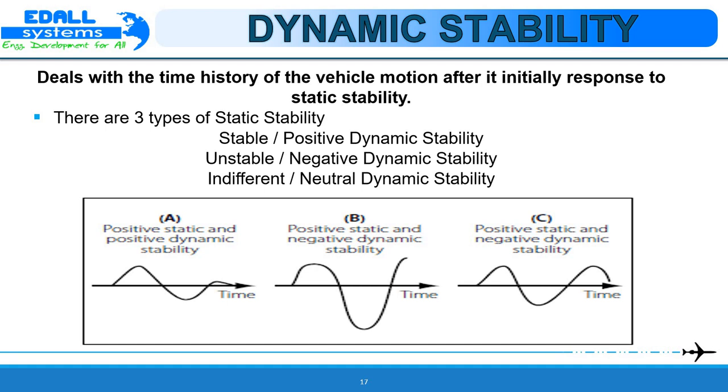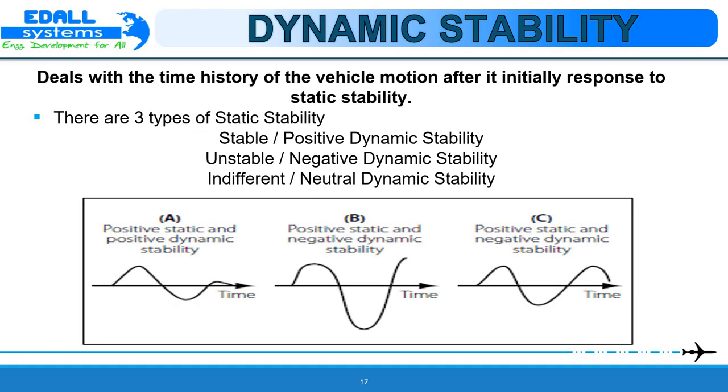Dynamic stability is how an airplane responds over time to a disturbance. It's probably no surprise that there are three kinds of dynamic stability as well: stable or positive dynamic stability, unstable or negative dynamic stability, and indifferent or neutral dynamic stability.